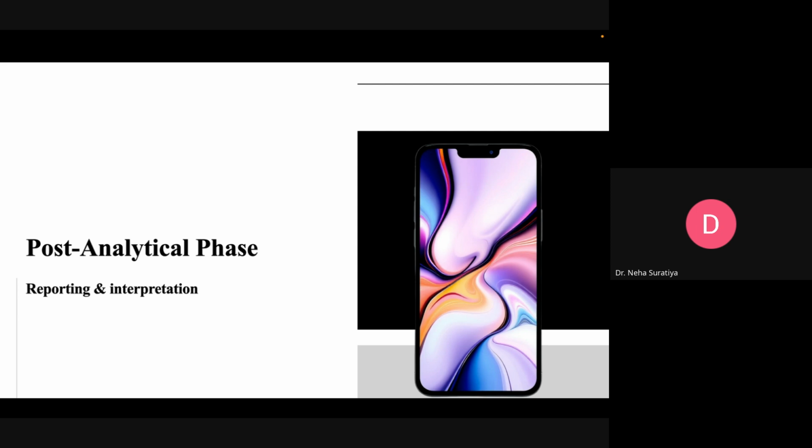Now, this phase involves both the laboratory professionals and the clinicians and healthcare professionals as well. Communication is extremely important. Even a perfect test result can cause harm if it is misunderstood or ignored, right? So that is the reason why this phase also has important areas to think about.